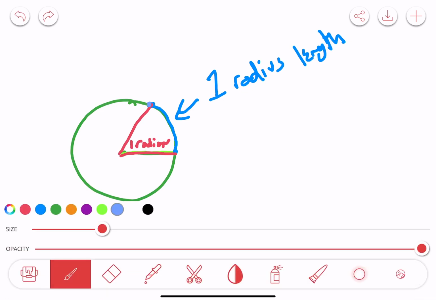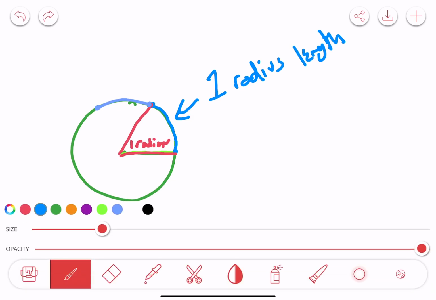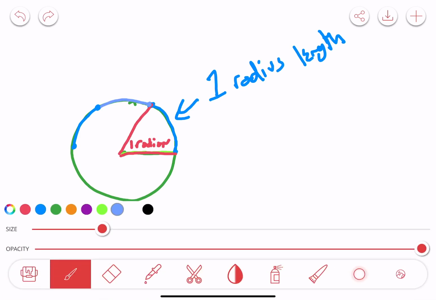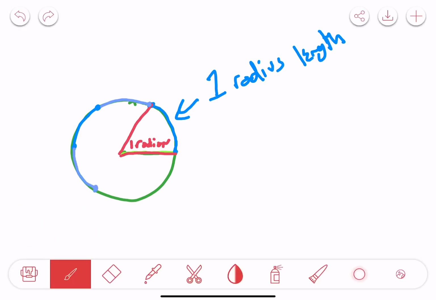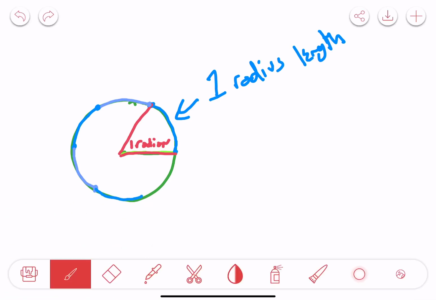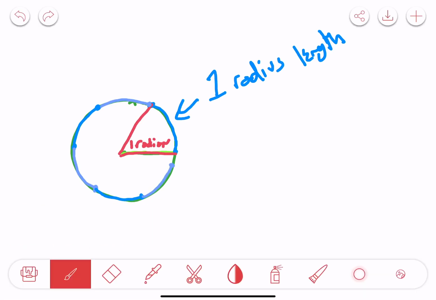It turns out that when you do this, I'd love for you guys at home to do this with string and any size circle, but you end up with 6 full ones and a little extra.